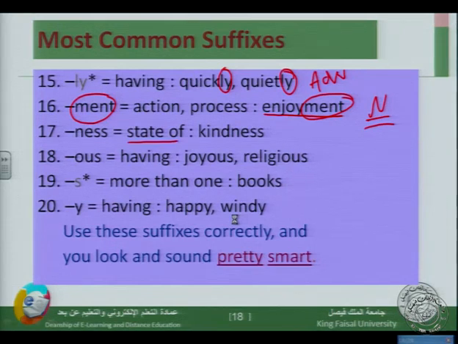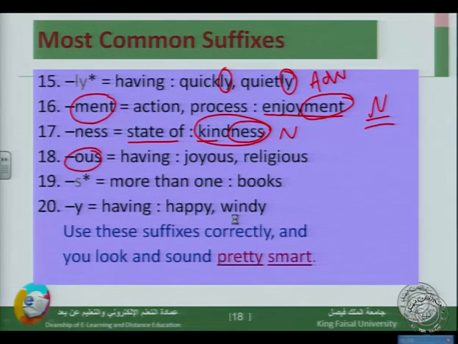Ness indicates the state of something, like kind, kindness, lazy, laziness. Okay, the words that end with the suffix ness are usually nouns.